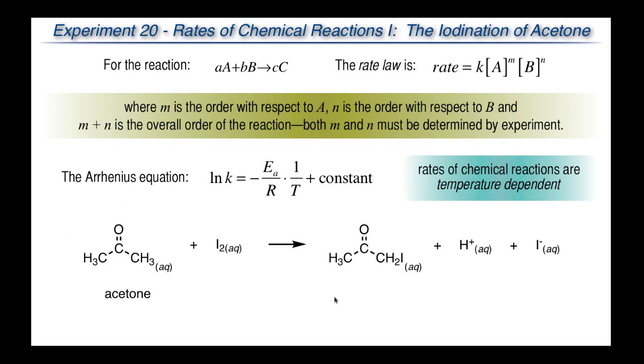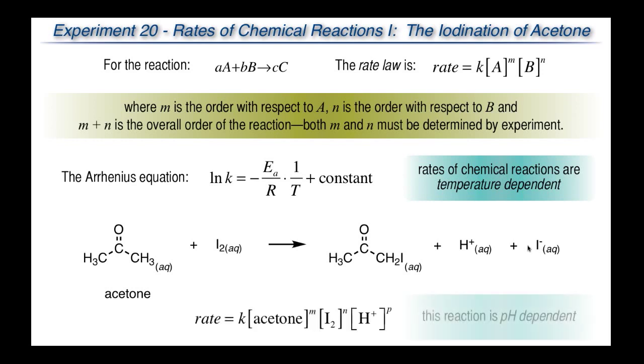So shown here is the chemical equation for the reaction that you'll be doing in lab. On the left we see acetone reacting with iodine, and we get iodoacetone, where we can see that there's been an iodine substituted on. We also get hydrogen ion and iodide anion, I minus, as products.